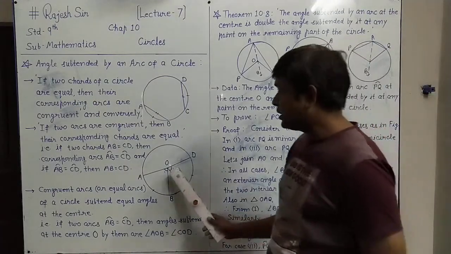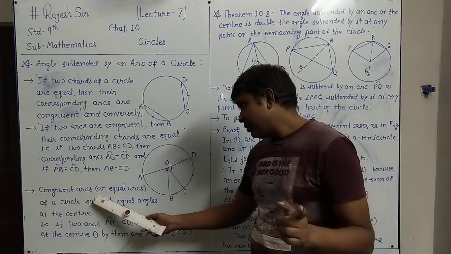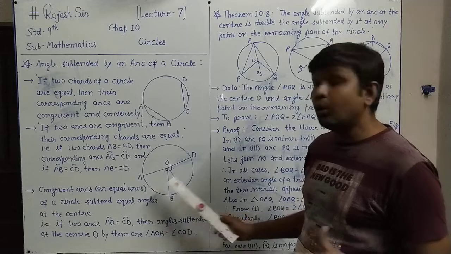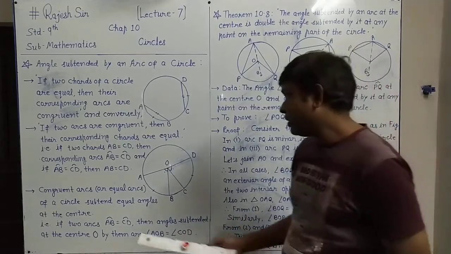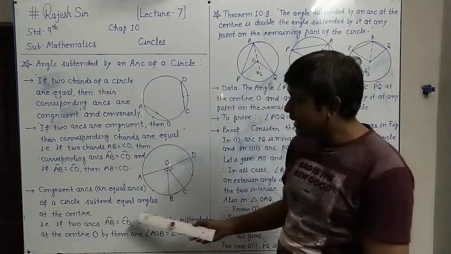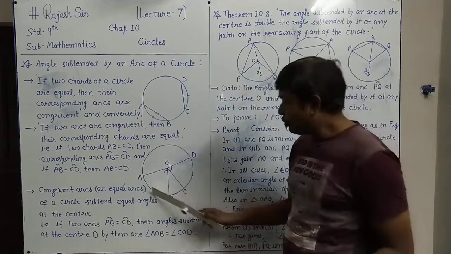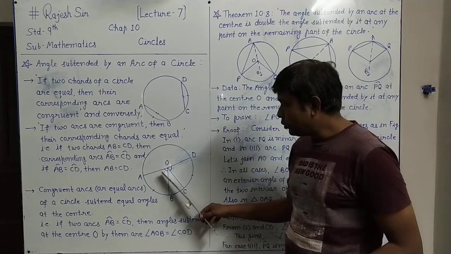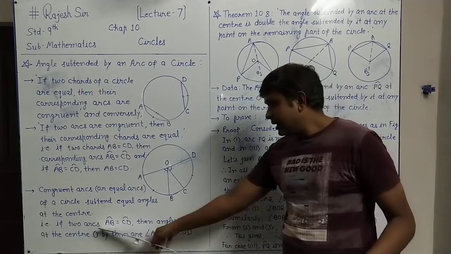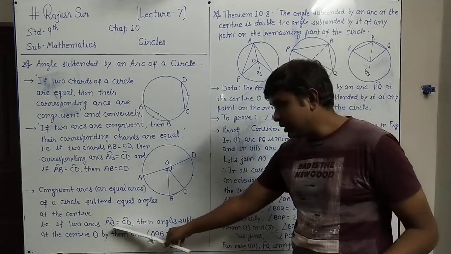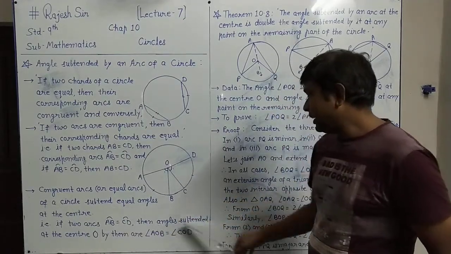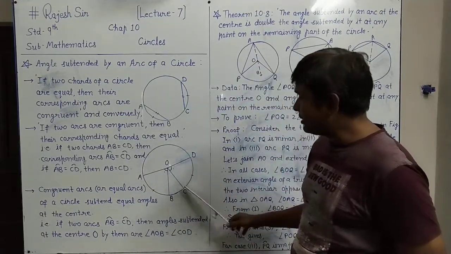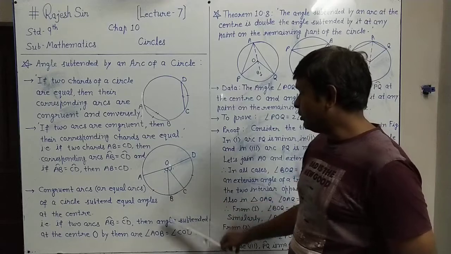Next, the figure is given. Congruent arcs or equal arcs, here AB and CD, two arcs of a circle, subtend equal angles at the center. If arcs AB and CD are equal, then the angles subtended at the center O by them, angle AOB and angle COD, will both be equal.